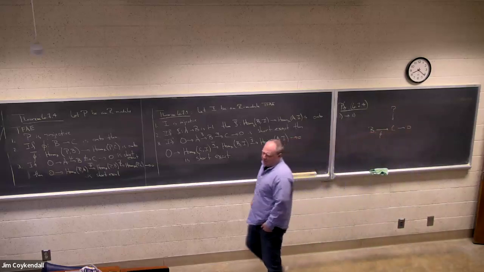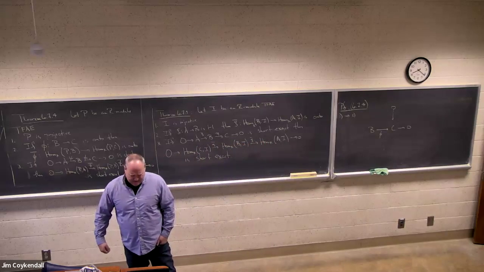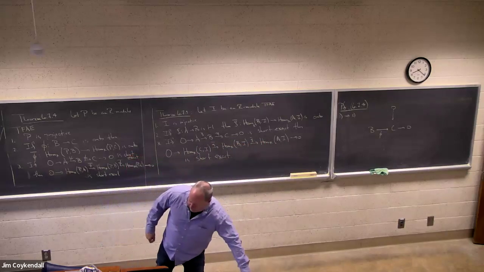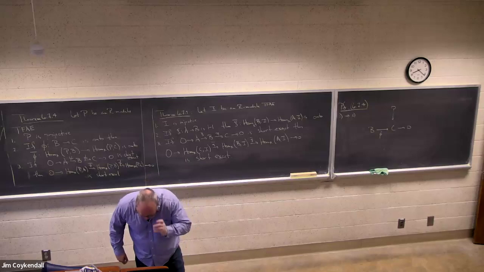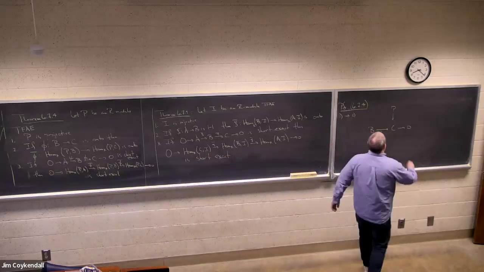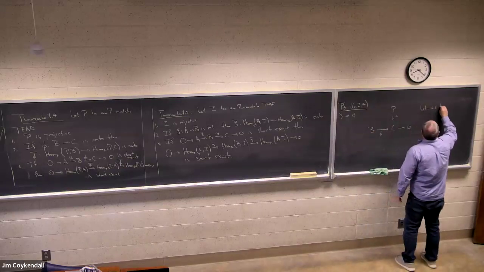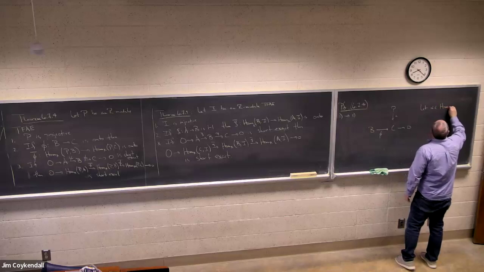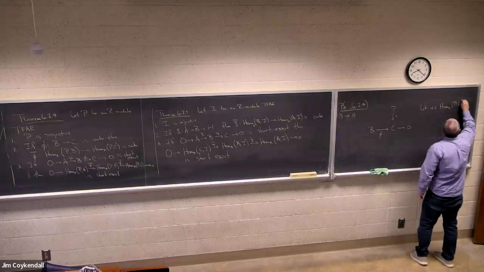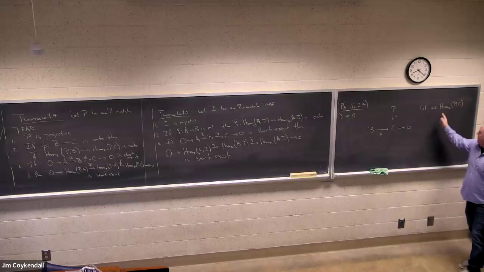So what I'm going to do is I'm going to let something, alpha, be in Hom(P,C). This picture actually sort of draws exactly what this means.